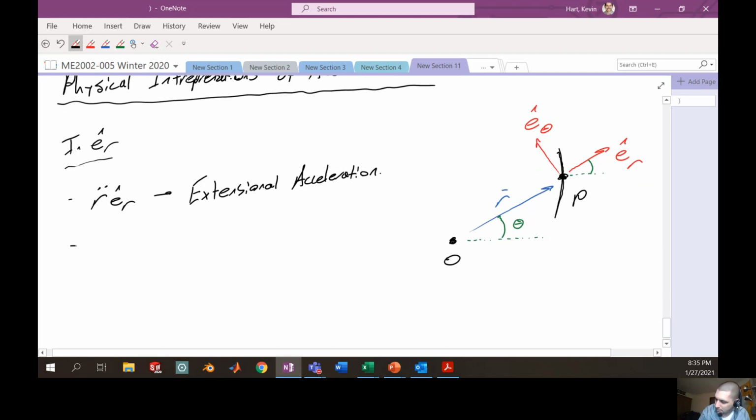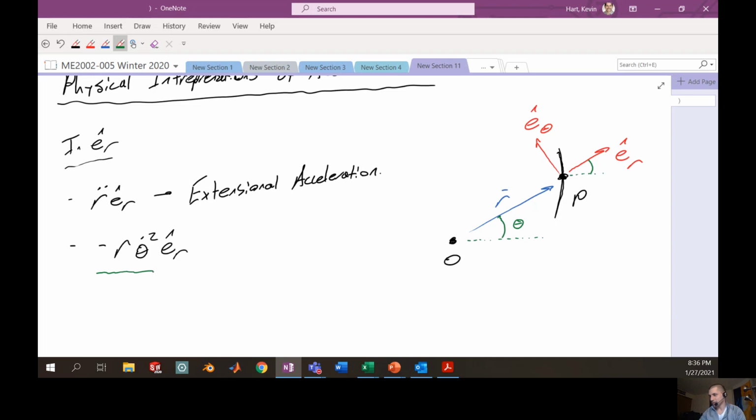Okay. The other e hat r term is this other strange one, which is negative r theta dot squared in e hat r. A little bit strange to see this, but not that strange.